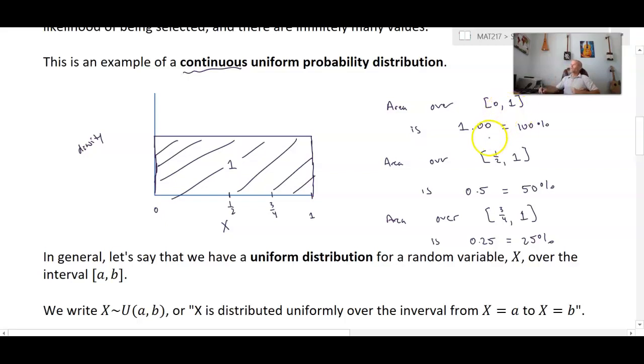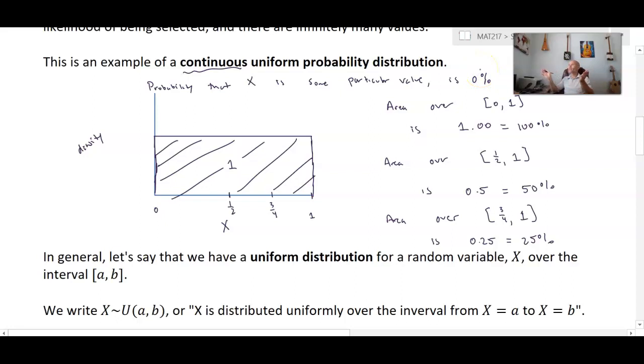One last thing, it doesn't really matter whether we use open intervals or closed intervals. So for example, if you say, well, what if you exclude 3/4? Well, we've already mentioned that the probability that x is some particular value is 0%.